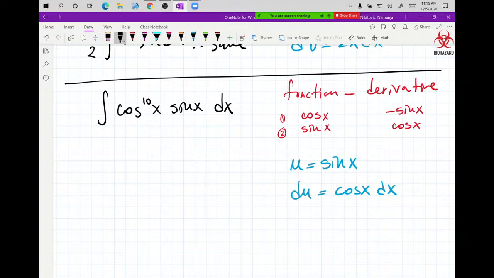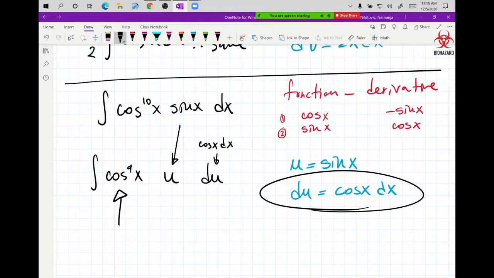You would go and you would say, okay, integral, and now I have one of the cosines, so 9 will stay, and one of the cosines will go into a du, and I have a u. And what the hell am I going to do with this? Because I did the replacement, right? So as you can see, sine x went into u, and then one of the cosines and a dx went into du, looking at the substitution.